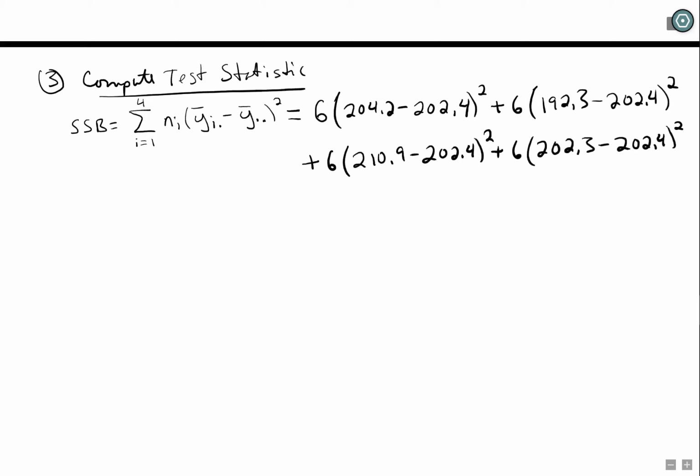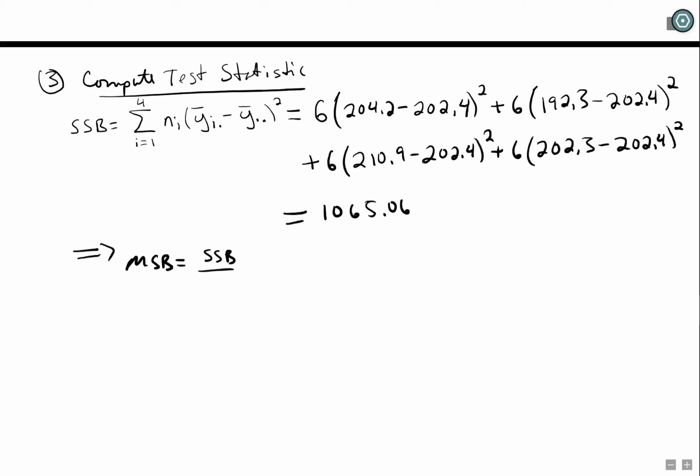Okay, and so if you do the arithmetic here, add those 4 terms up, you should get something close to 1,065, rounded, 0.06. So if that's SSB, if we want MSB, you recall what that was, that's SSB over the respective degrees of freedom.